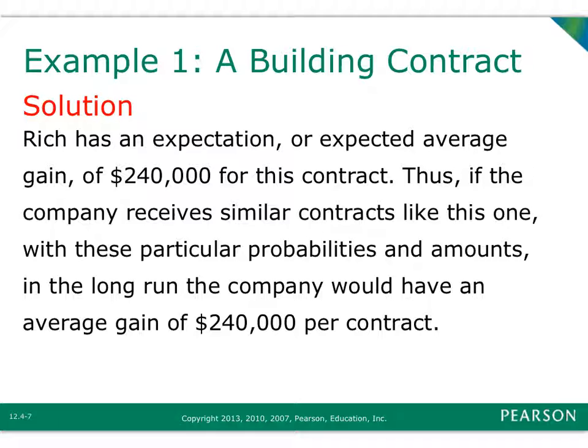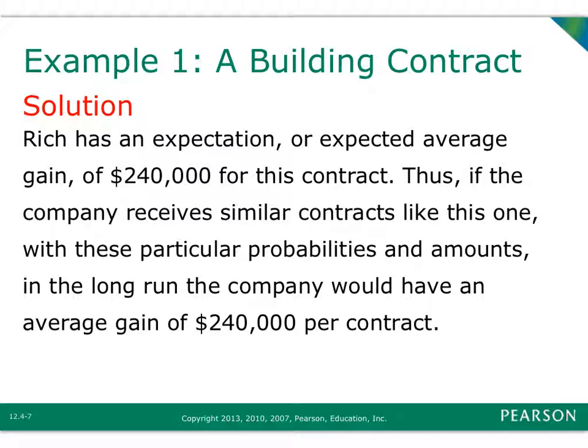Thus, if the company receives a similar contract like this one with these particular probabilities and amounts, in the long run the company would have an average gain of $240,000 per contract. It doesn't mean that for each contract he will receive $240,000.